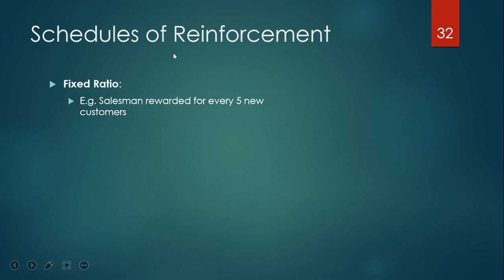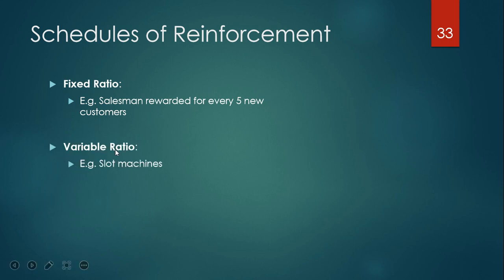So in a fixed ratio schedule of reinforcement, the organism has to engage in that behavior a certain number of times before they get a reward. So if you're a rat in a cage, you will get rewarded for every 10th lever press. So you have to press the lever 10 times before that treat falls out. A real world example might be a car salesman getting rewarded for every 5 cars that they sell. They don't get rewarded for 1, 2, 3, or 4, but on that 5th car, they get a nice bonus in their paycheck.